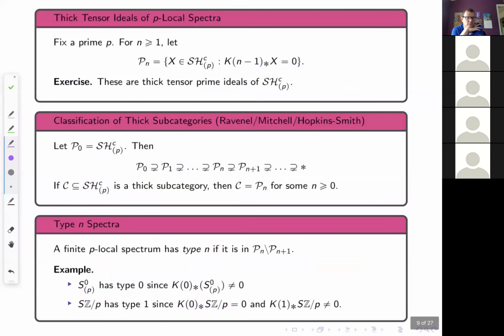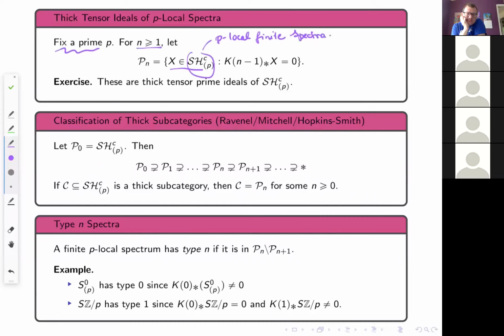Okay, so thick tensor ideals of p-local spectra. Let's look at examples. We're going to fix a prime P. And for each integer n bigger than 1, we're going to let Pn be those p-local finite spectra. So you take finite spectra and then you p-localize.